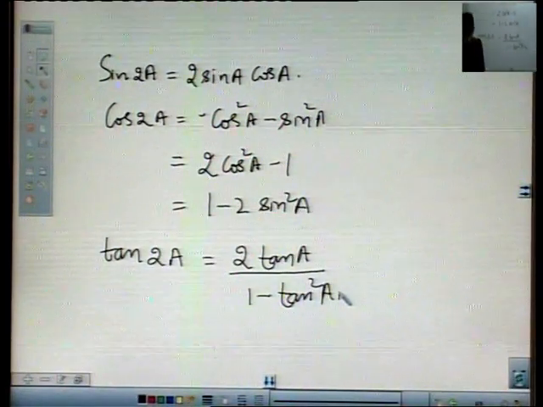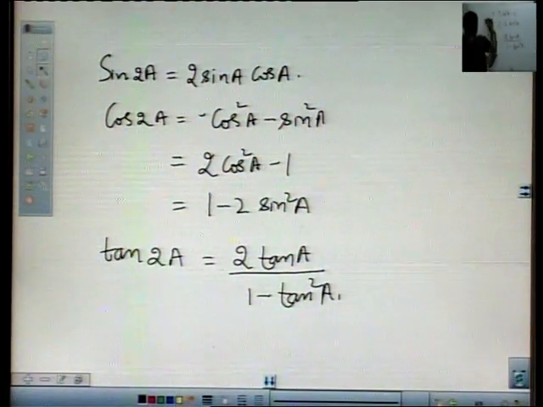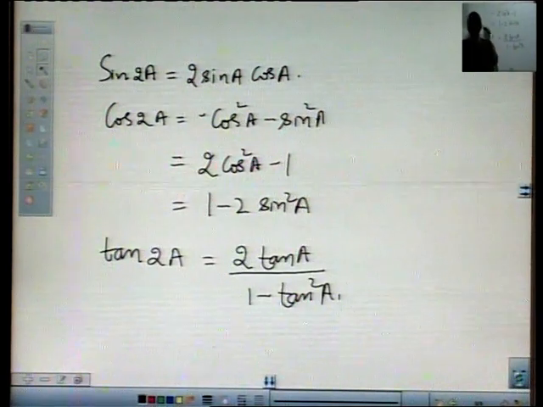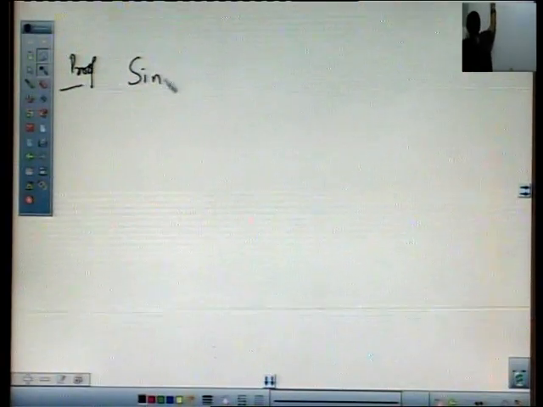Now, we have to prove all these three. Number 1, proof of sin 2a.